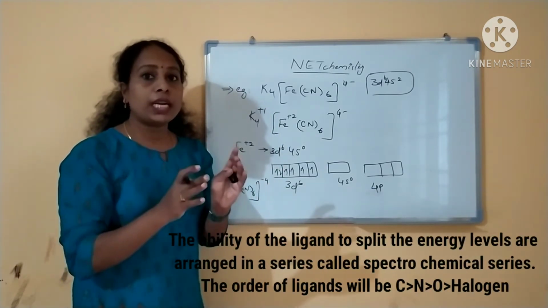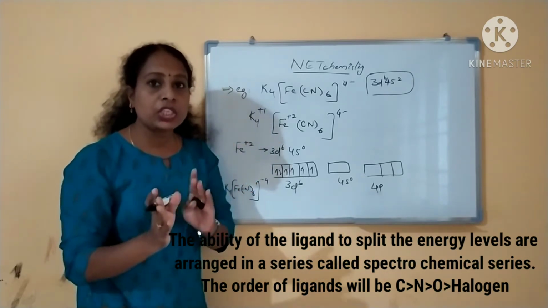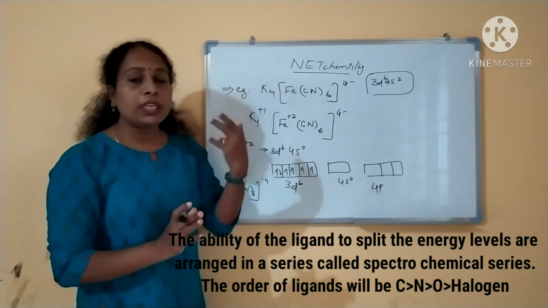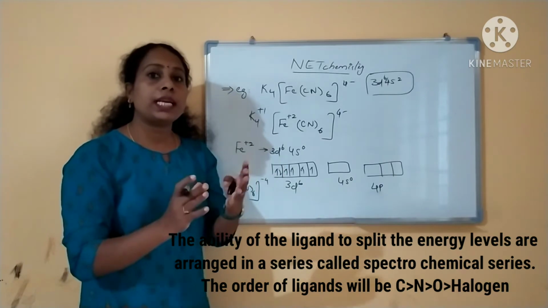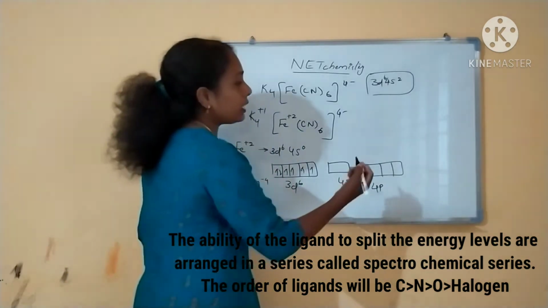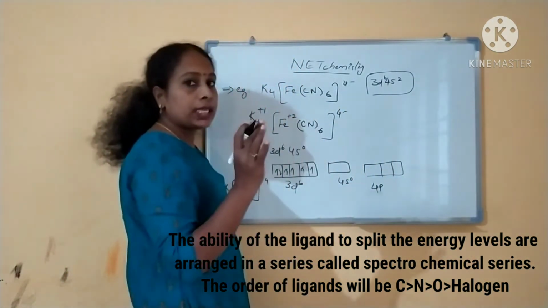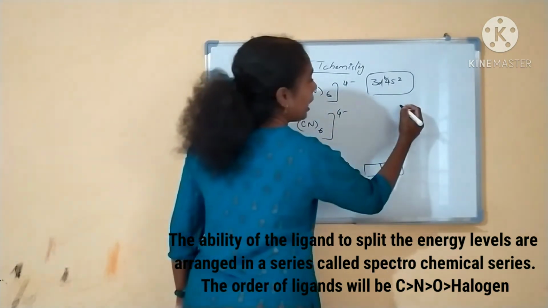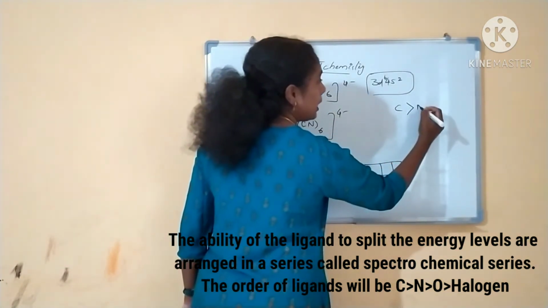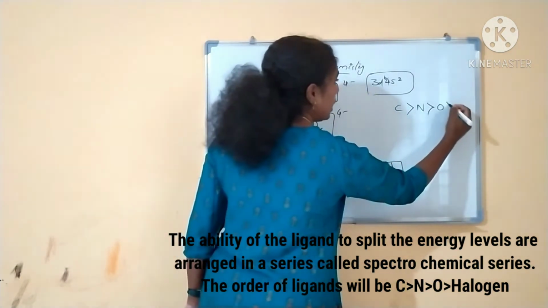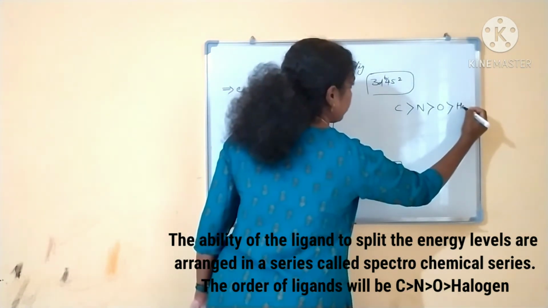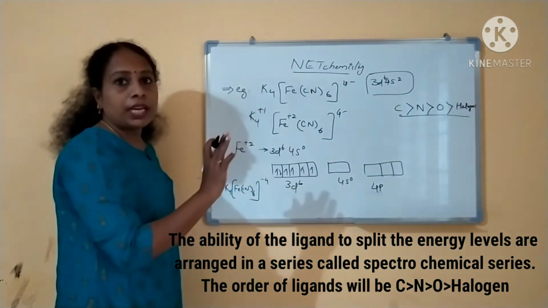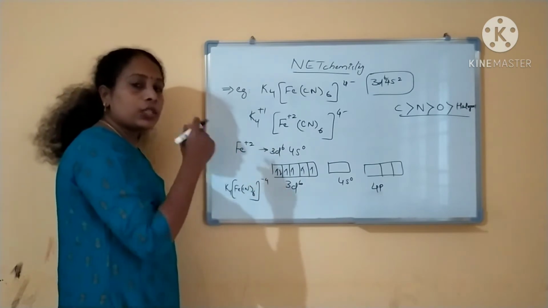The series in which ligands are arranged such that the splitting of d orbitals caused by the ligands is high. In the spectrochemical series, the ligand order I am writing: carbon family first, then nitrogen, then oxygen, then halogens. This is the way ligands are arranged. So cyanide is a stronger ligand.